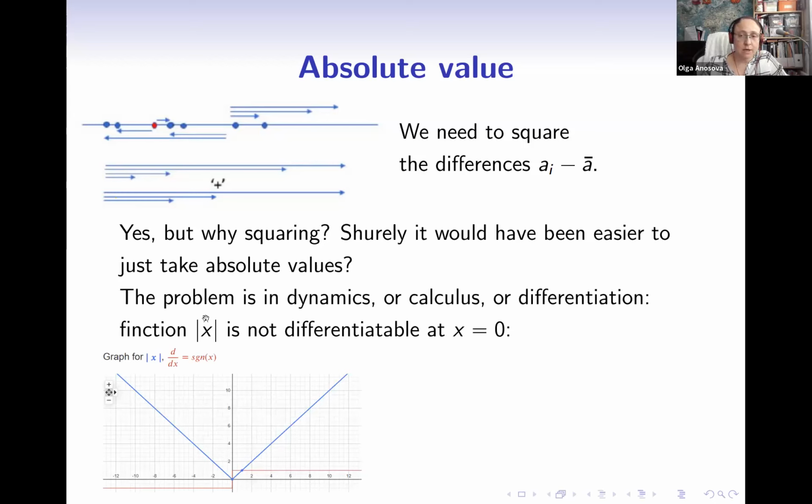And if we are looking at dynamics, that means that we would like to be able to do differentiation. And as you can see, the function of absolute value is not differentiable at 0. And that's quite often where we are mostly interested.